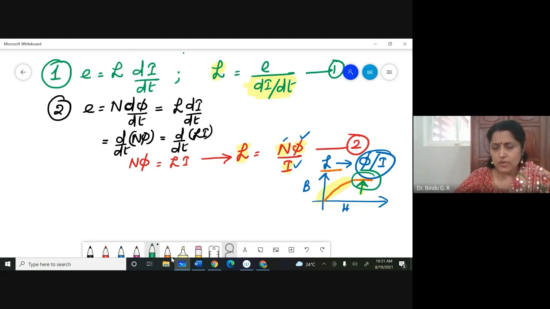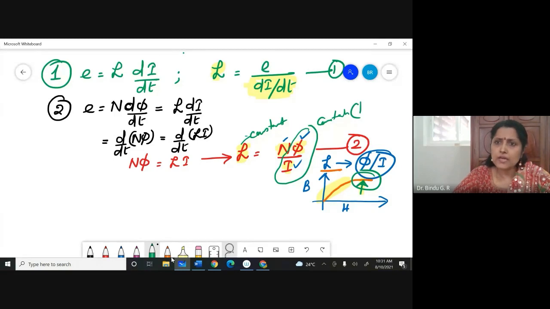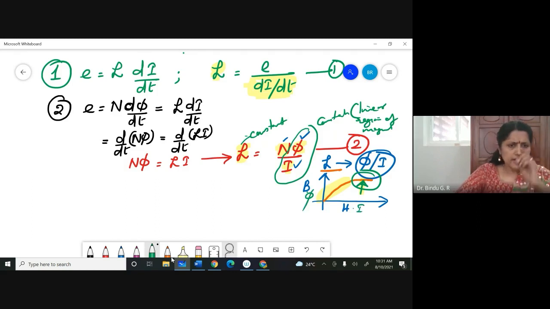So what I wanted to stress here is L remains a constant only if phi by I remains a constant. That too happens only in the linear region of the magnetization curve. Magnetization curve means BH curve because flux density B depends on phi and H depends on I. They are the same.